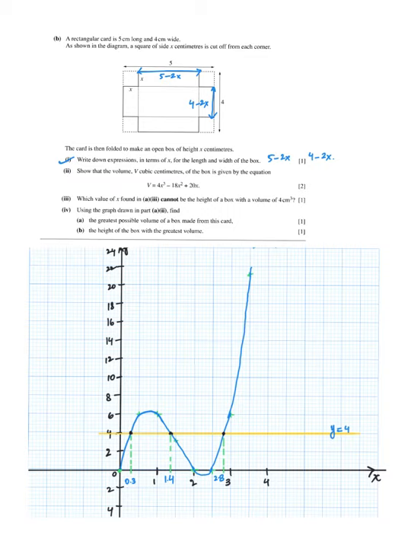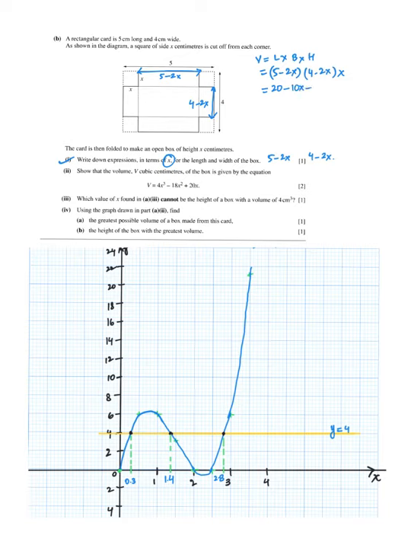After that, show that the volume is as given. So volume is what? The volume of a cuboid is length times breadth times height. The length we have is 5 minus 2x. The breadth we have is 4 minus 2x, and the box has been folded to the height x. So that is your volume expression. You need to simplify it. So multiply with 5: 5 fours are 20. 5 times minus 2x is minus 10x.